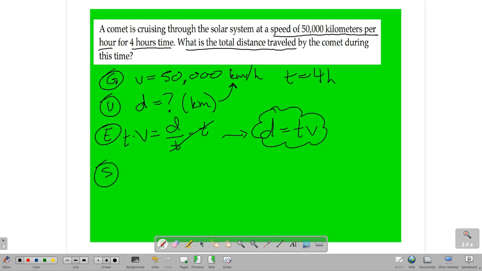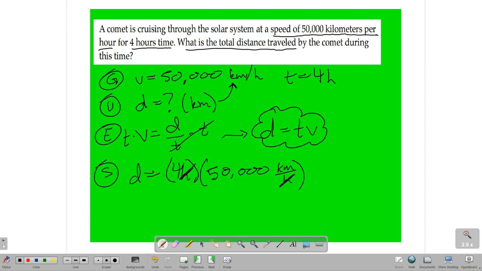All right, so now we can substitute. D is equal to the time, which is 4 hours, times the speed, which is 50,000 kilometers per hour. And you can see here that the hours are going to cancel out, right?